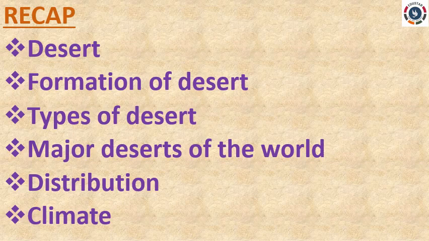So the fluctuation in temperature makes the rocks break and crumble into tiny particles of sand. So that is why most of the land surface is sandy. Is it clear, students?